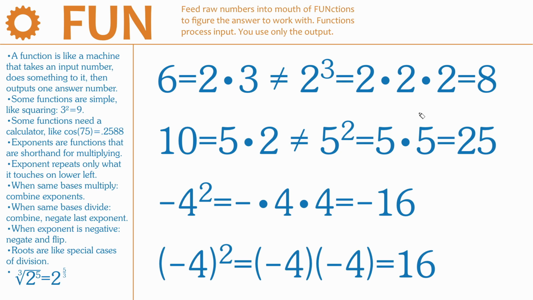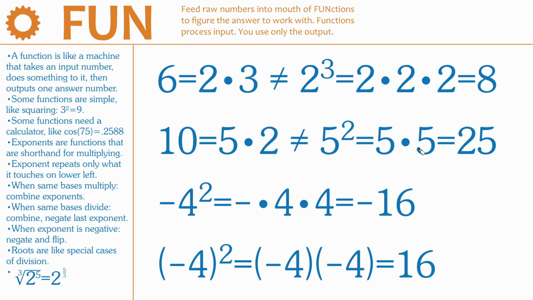2 times 3 is 6. They're two different things. Let's look at the next example. 10 equals 5 times 2. That does not equal 5 squared, 5 to the 2 power, because 5 to the 2 power is 5 times 5. Again, notice the 2 does not even show up.